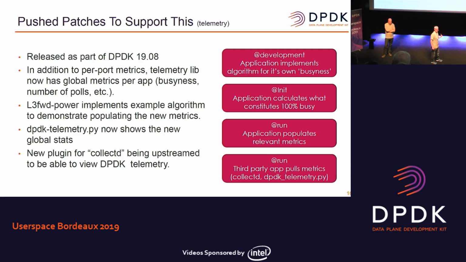So there's a bit of research there to decide in your own unique use case what constitutes 100% busy. And then at runtime, the application populates that metric, and in the L3 Forward Power case, it's busy percent, empty polls, and full polls, and they're implemented in L3 Forward Power. And then the third-party app pulls the metrics, and in this case, we have CollectD and DPDK Telemetry.py.